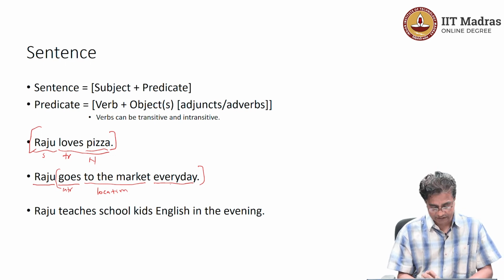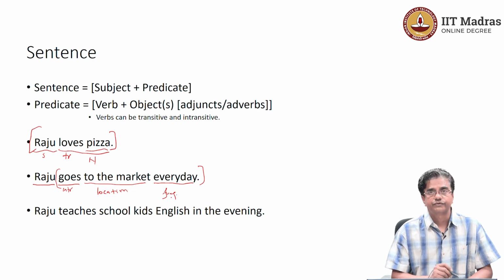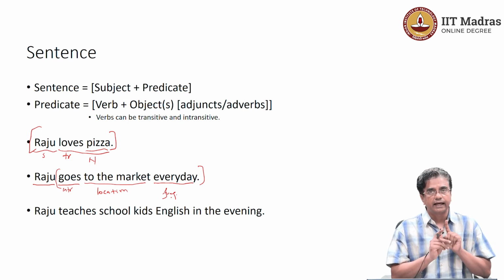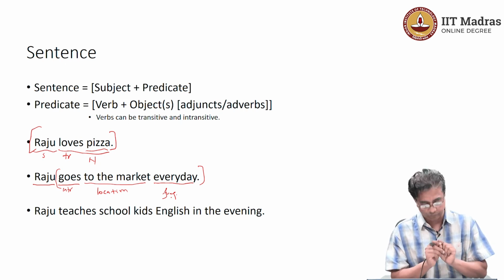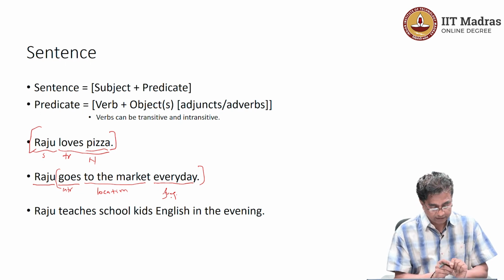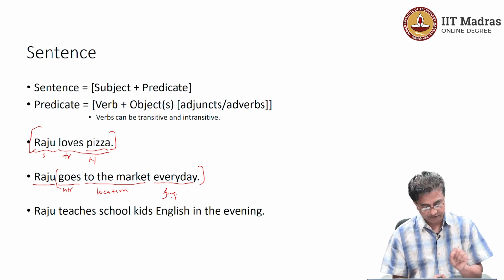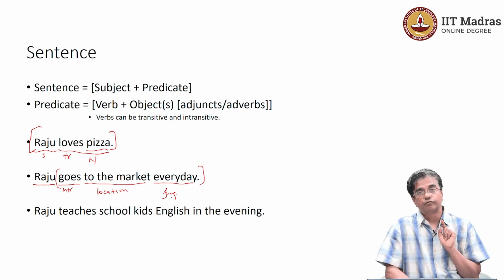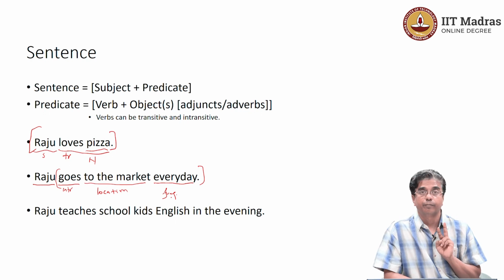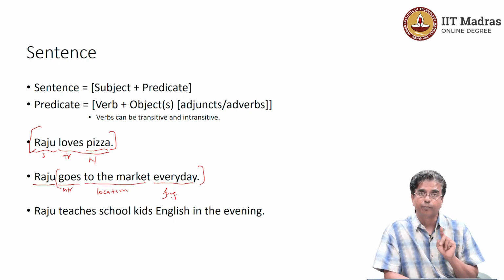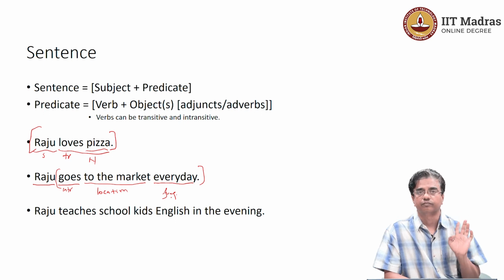Every day is talking about frequency. So both of them are adverbs. And I underline them one more time for you. Both of them are adverbs. One is talking about the location of going, the other is talking about the frequency of going. But both of them are adverbs and both of them add something to the verb.